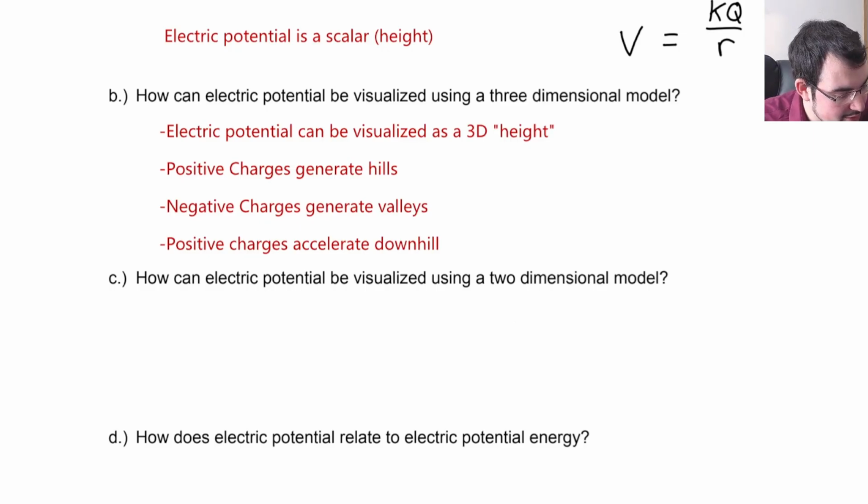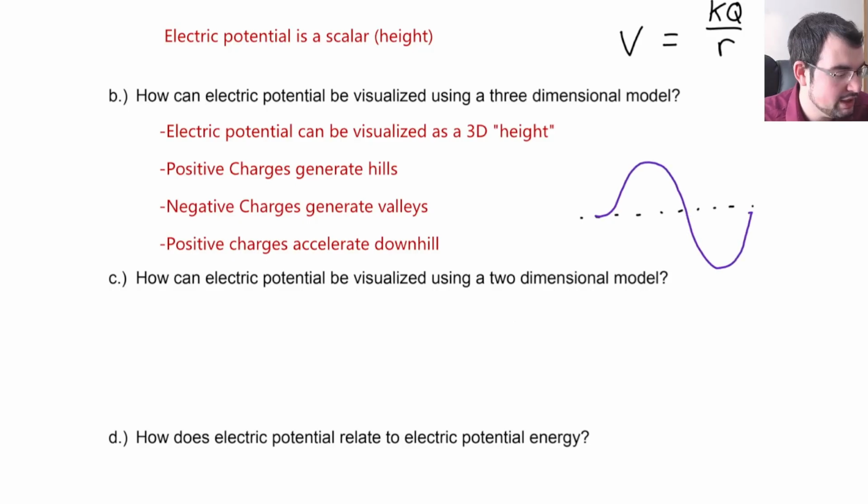So if we think about what a dipole might look like in this model, it might look something like this, except they're really more like spikes, where you think about this in 3D, where you get hills and you get valleys.